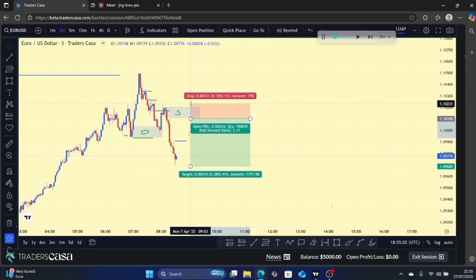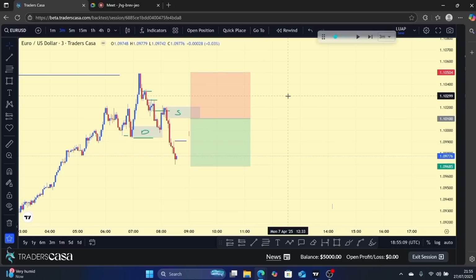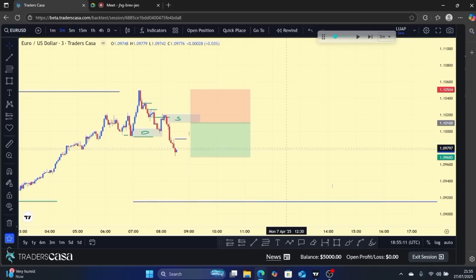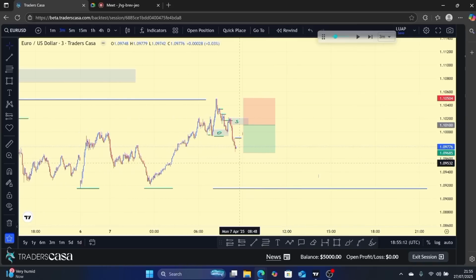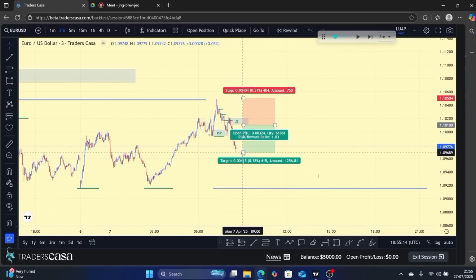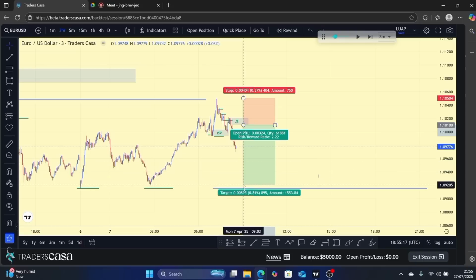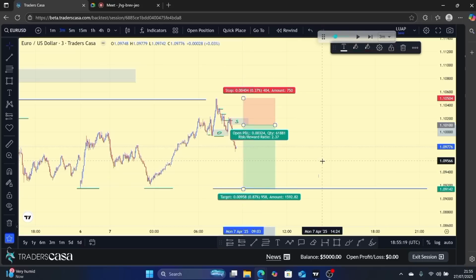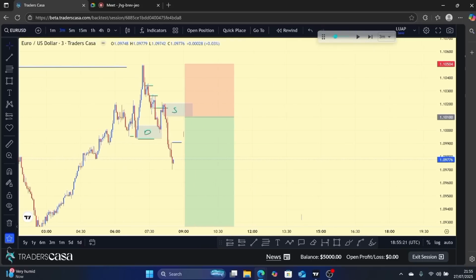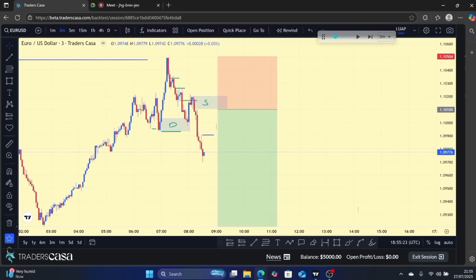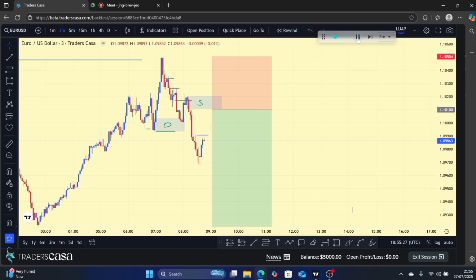Even though I know some will make it there, I will not recommend it. I will obviously do that so that I can be conservative, and of course I'll be targeting this area. So exactly right here, that's the area to target, and that will give me a 2 point. All right, that's not bad. That's a 1:2. A 1:2 is a good risk to reward. All right, so let's see what price does.